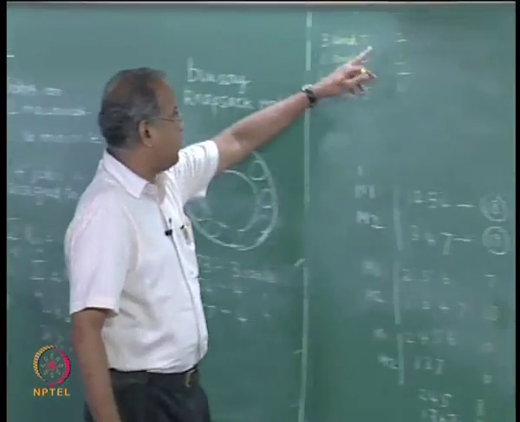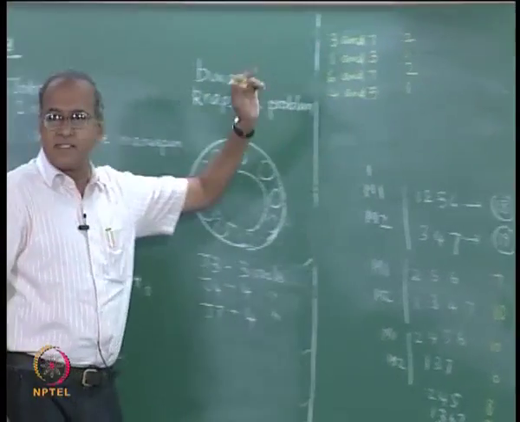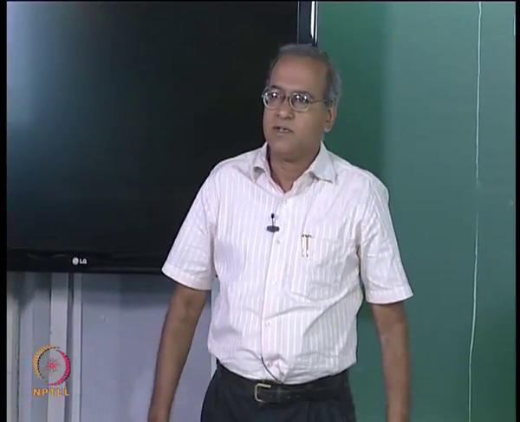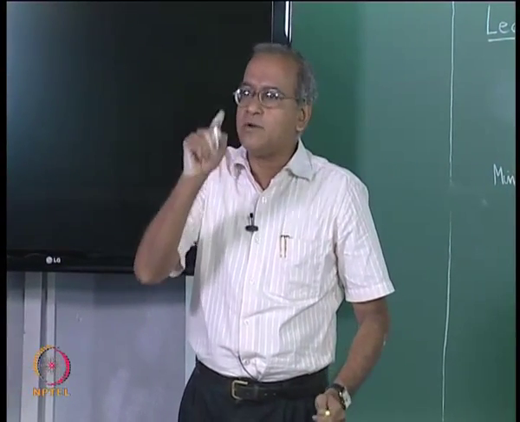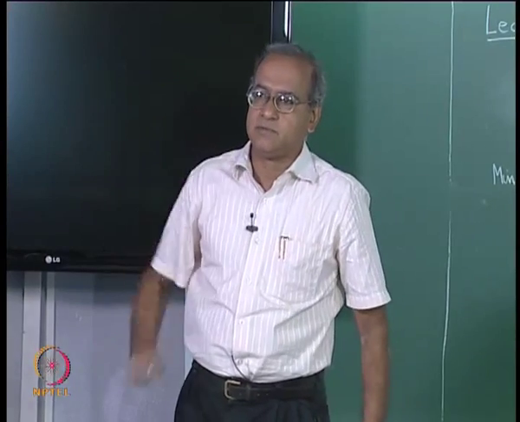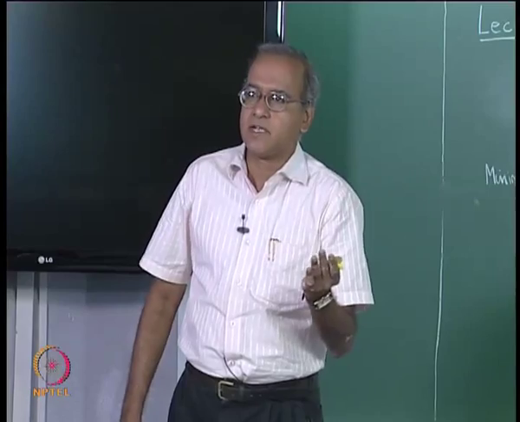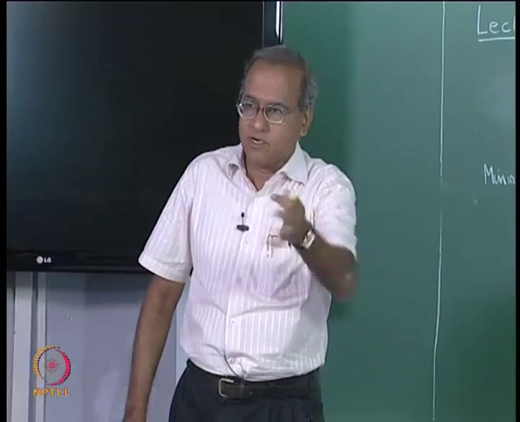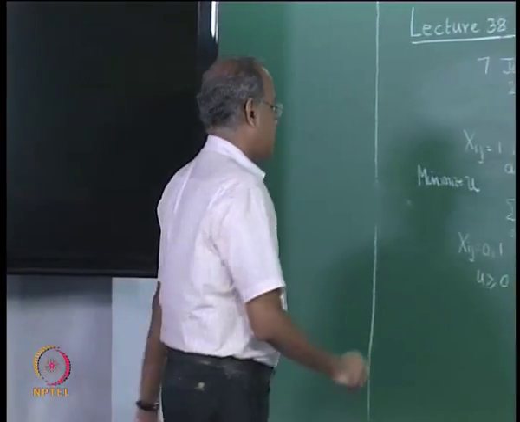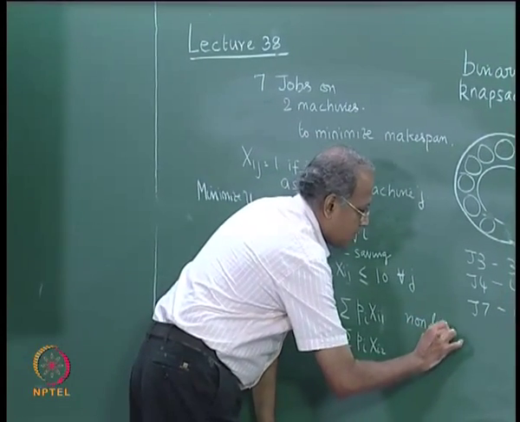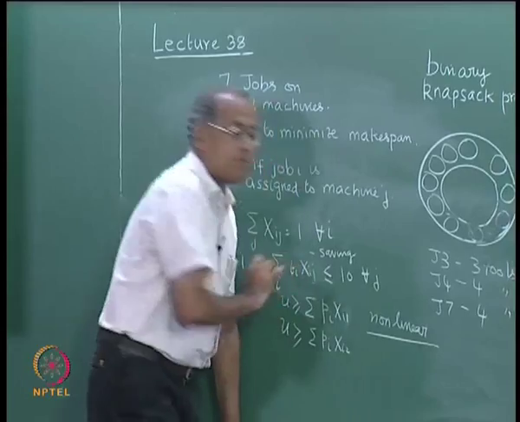I can save 2 if x32 equal to 1 and x37 equal to 1. So the saving will be 2 into x32 into x37. Only when both of them are 1, I get the saving. If one of them is 0, I do not get the saving. So it becomes non-linear. So the problem becomes non-linear. That is the first part.